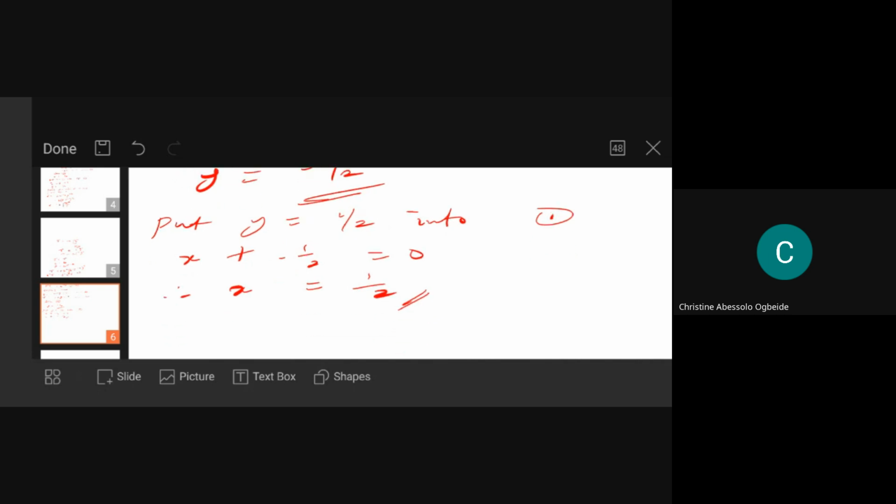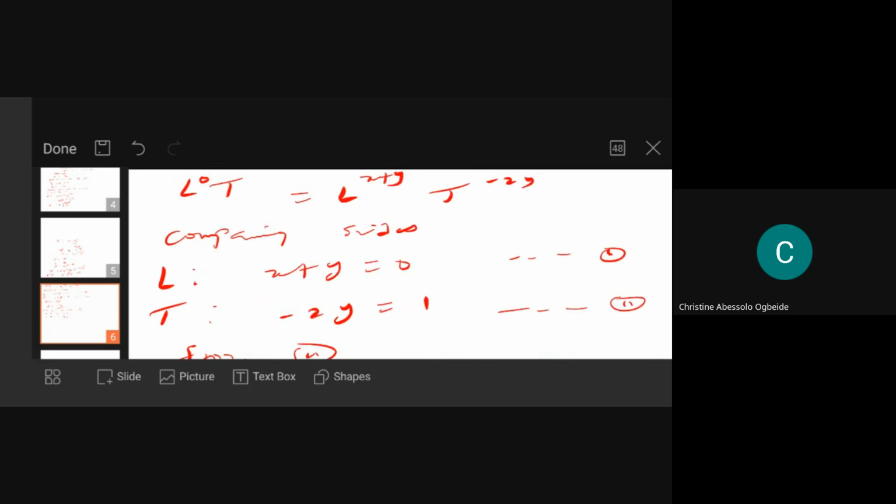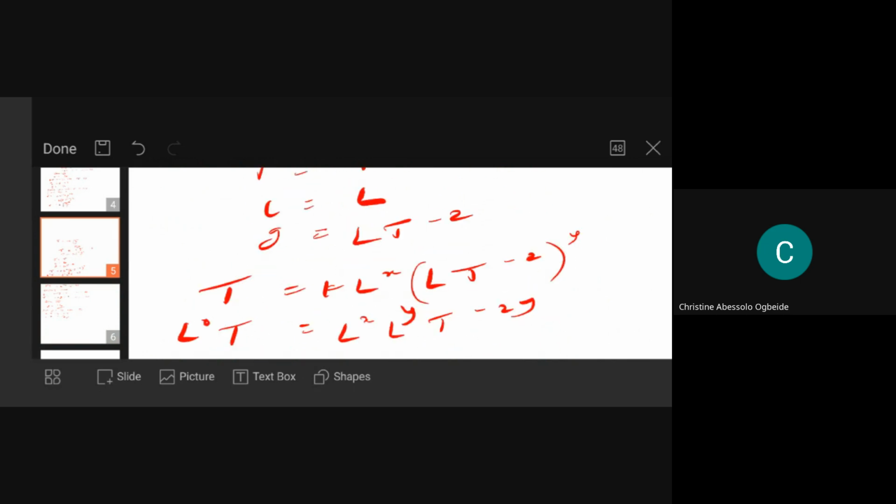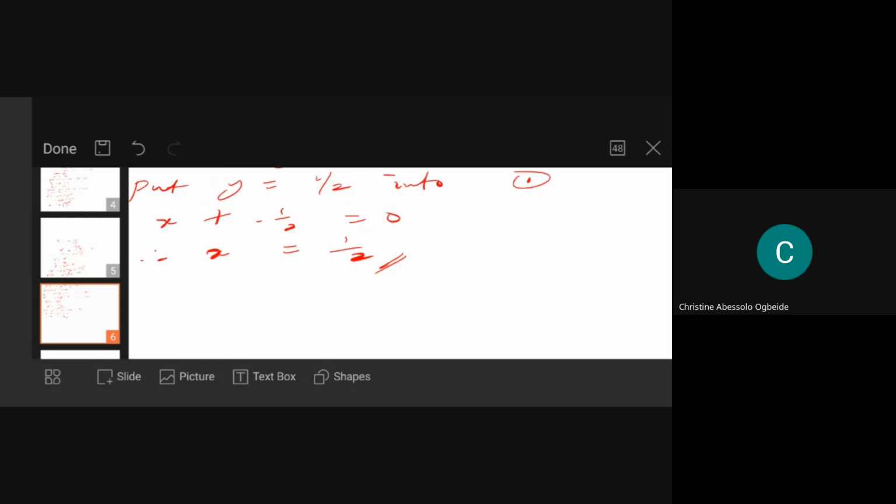Now I have found X and Y. I have to now put back the value of X and Y into the general expression here. Let me call it equation star. All right. So let's put the value of X and Y into equation star. So put X equals half and Y equals minus half into equation star.